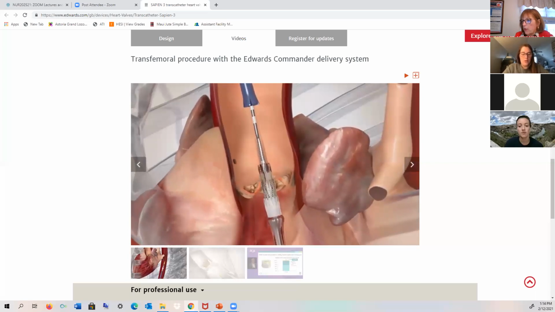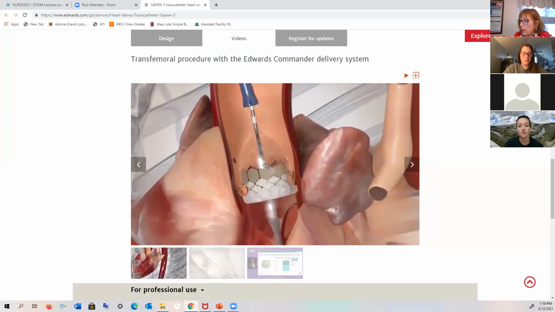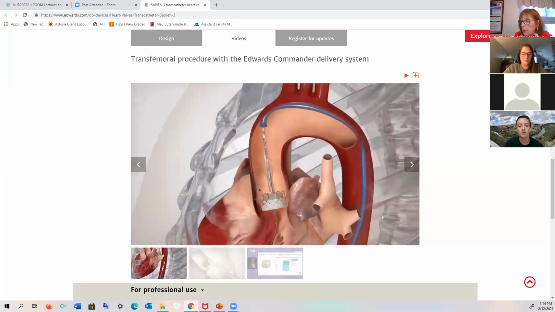I have to get it just so. Yeah, it looks like a crummy valve. Ooh, they're fibrillating just a little bit. But here they're putting the valve in. So this is your valve replacement.